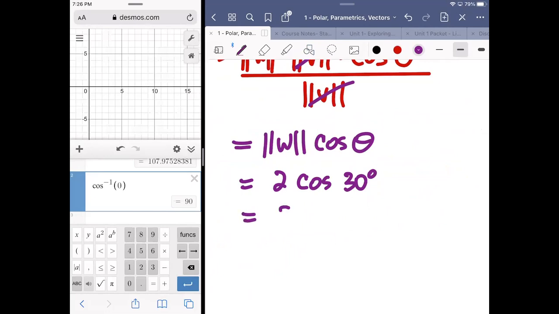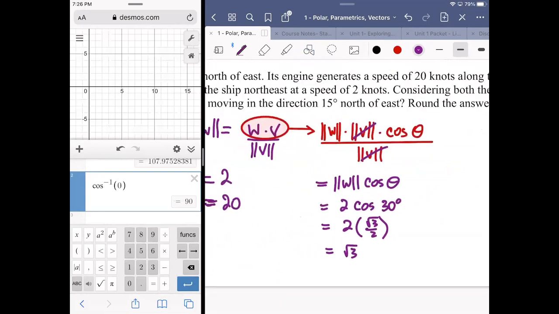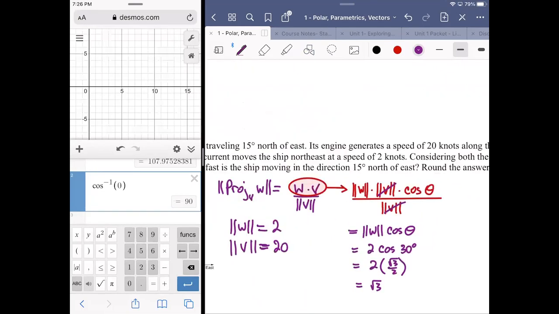So 2 times radical 3 over 2 is radical 3. All right, so radical 3 knots is what W is contributing in the direction of V. Right, so we're talking about 1.7-ish knots. All right, so about 1.7 knots on top of the V.